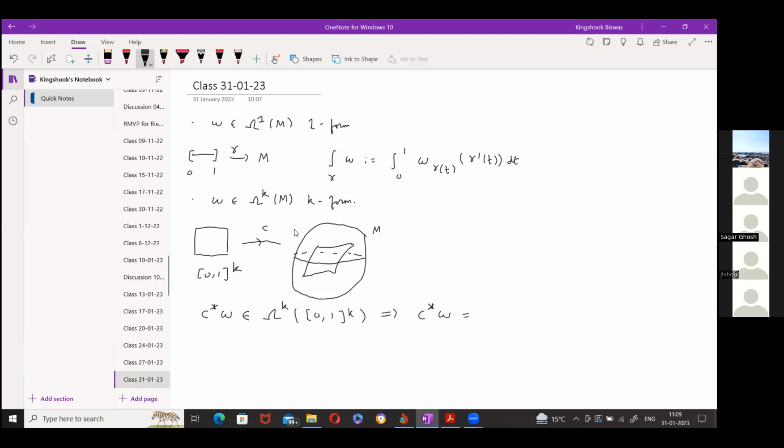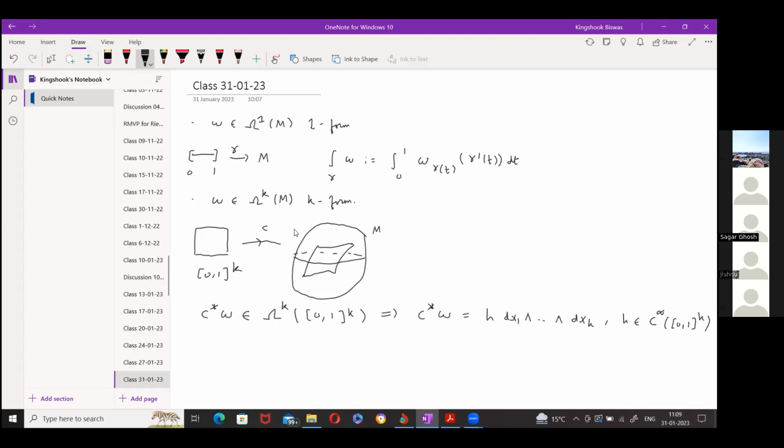So this is equal to some function h dx1 wedge dxk. Okay. So h is a smooth function on the unit cube.